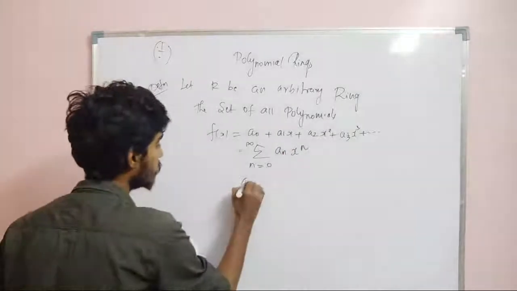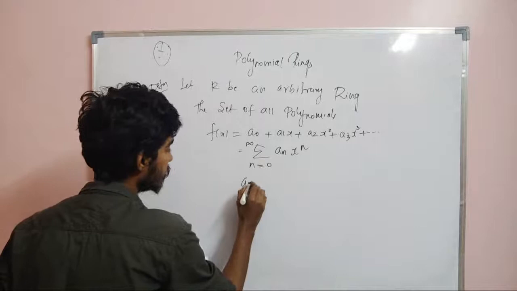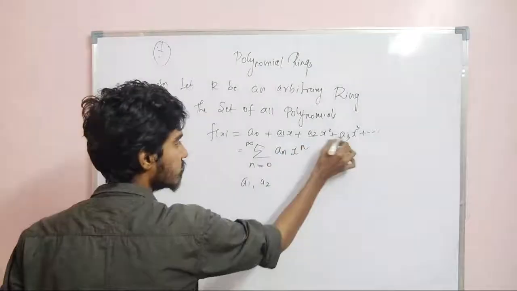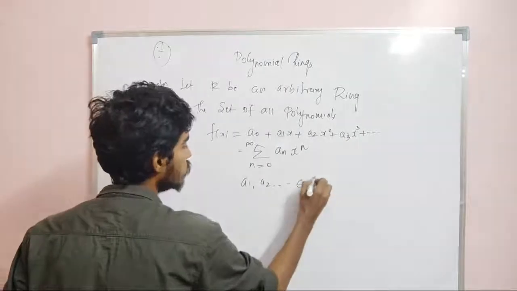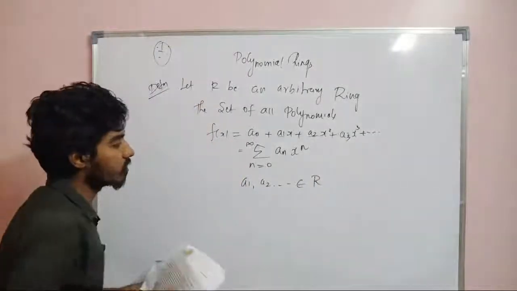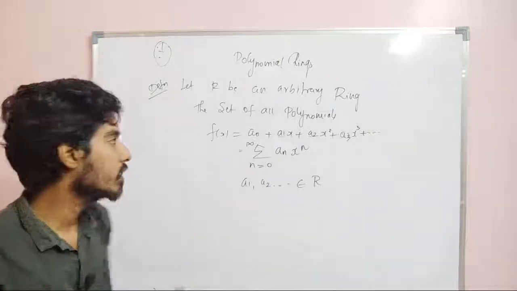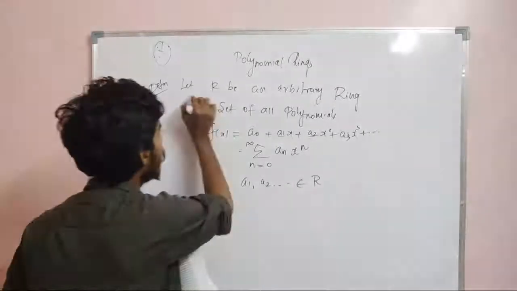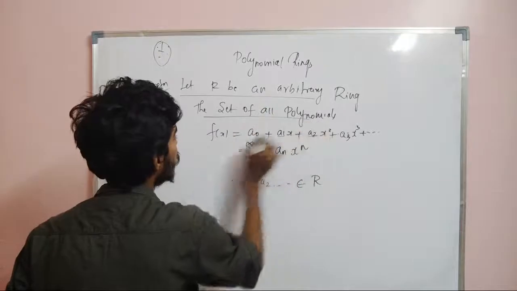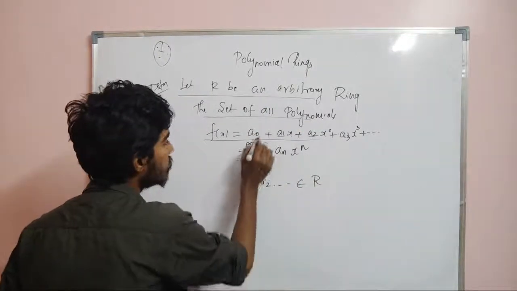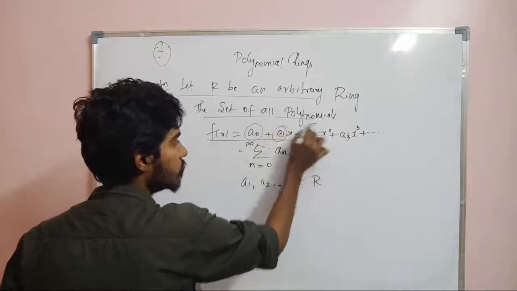So these a1, a2 are all constants, and they belong to the ring that we are choosing. This will form a ring. Let R be an arbitrary ring, the set of all polynomials a0 plus a1x and so on, where these constants are from the ring.